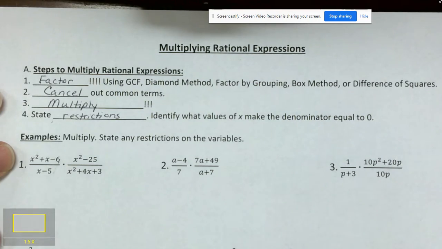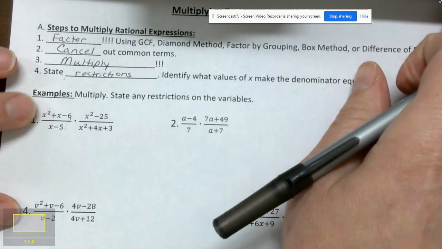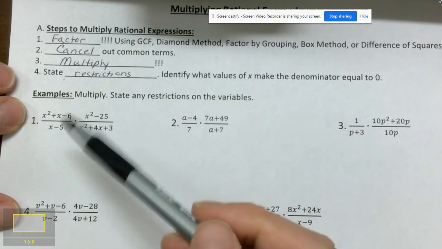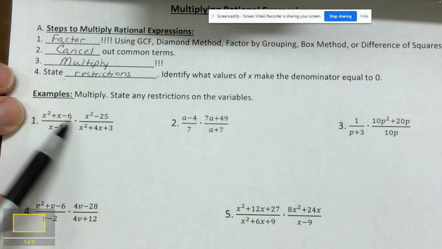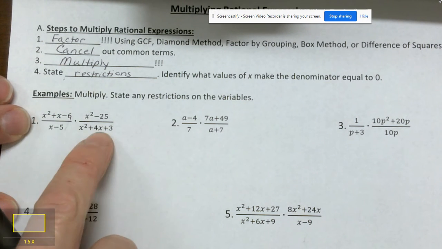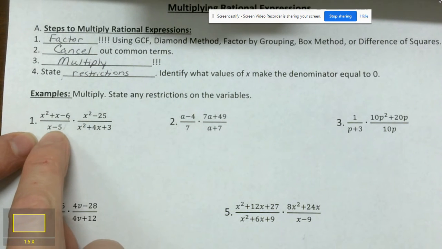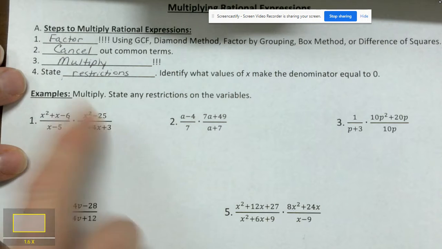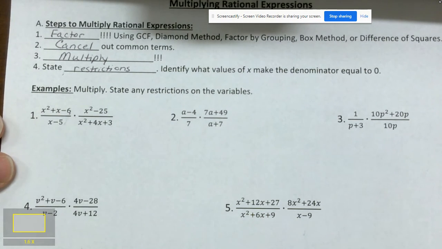I want to remind you that when you're canceling out with fractions, you can cancel out top to bottom, and you can also cancel out diagonally. If I have something in common in this numerator and this denominator, I can cancel it out. Or vice versa this way, in this denominator and this numerator. So just remember that you can also cancel out diagonally when you're multiplying.